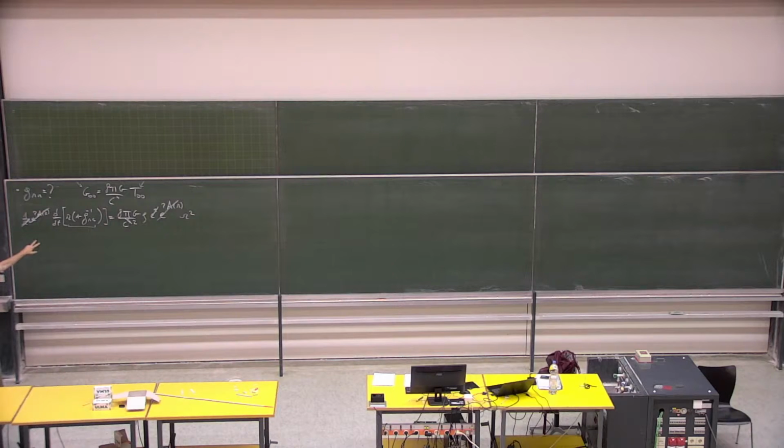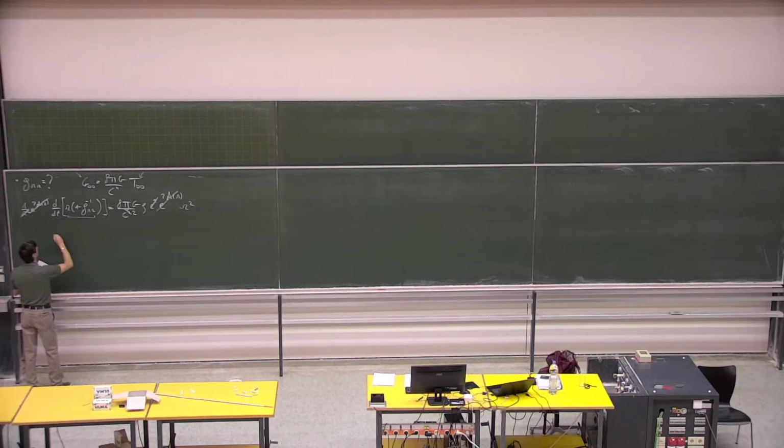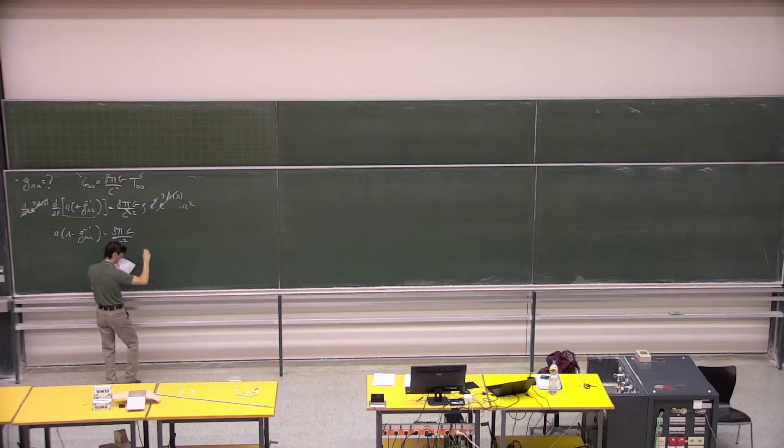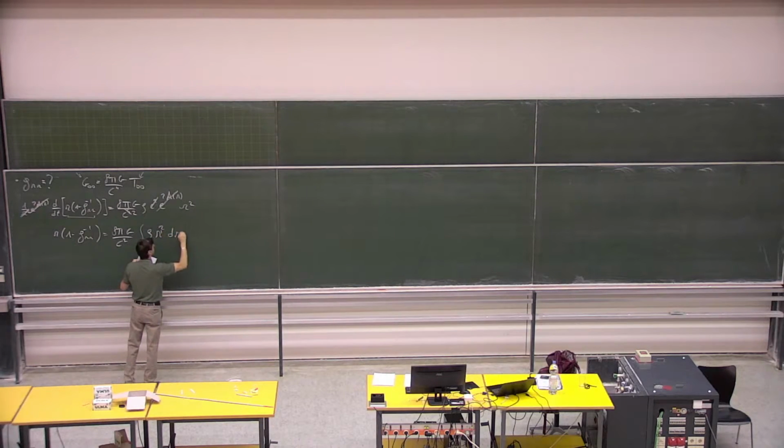So what we do now, we just perform the integral such that we obtain r times 1 minus GRR to the minus 1 is equal to 8 pi G over c squared. And then we have the integral of what is left, which is rho r squared dr, r squared prime, dr prime.